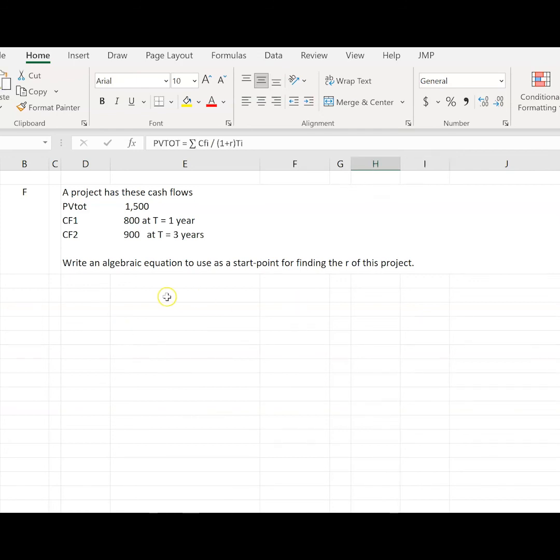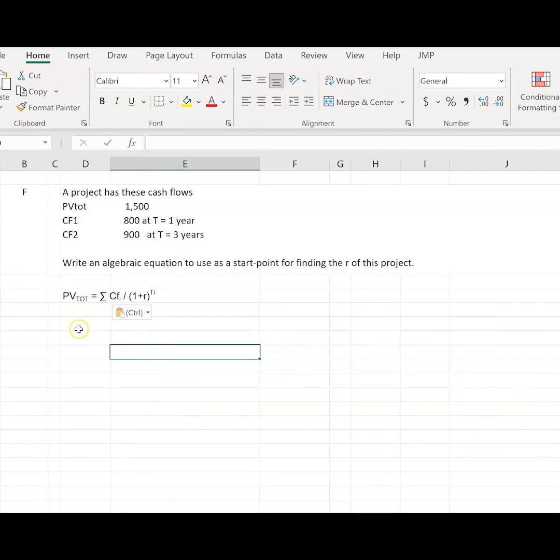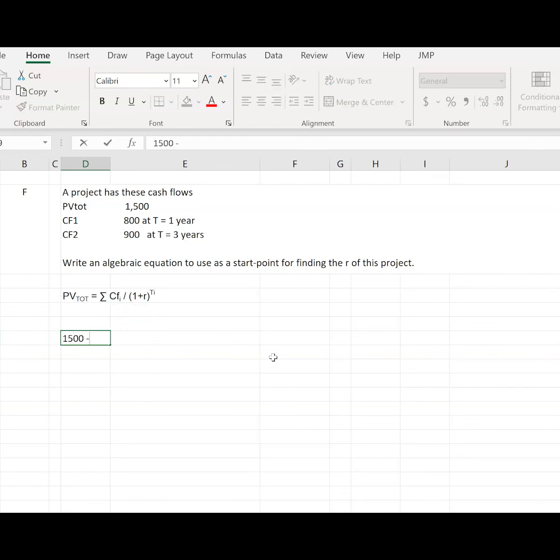So we'll copy the equation that we're going to use for this right down here. And this is just the present value total equation. We have the information that we know the present value total is 1,500, and we're going to set that equal to cash flow 1, which is $800. We'll divide cash flow 1 by 1 plus R, which we don't know, to the power of time, which is 1 for cash flow 1.